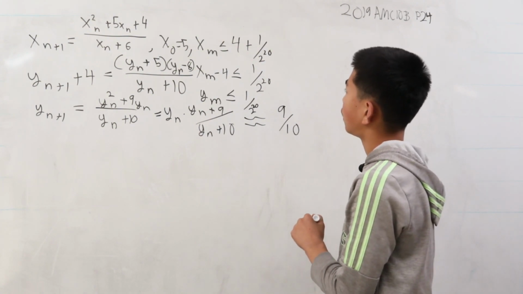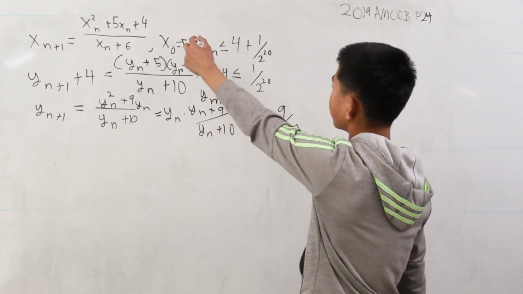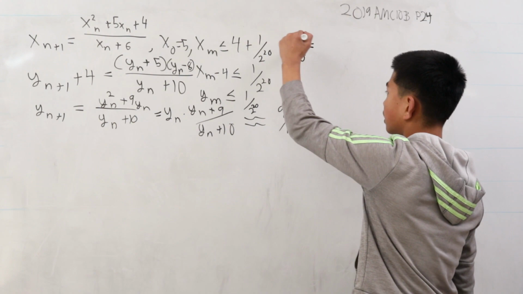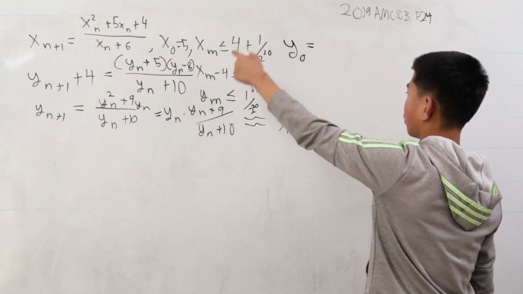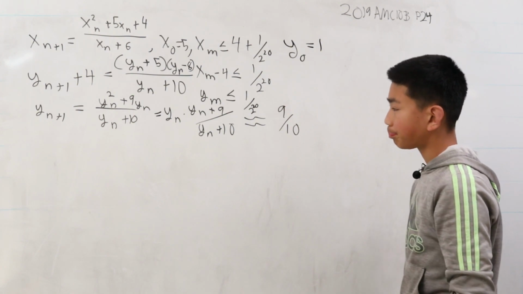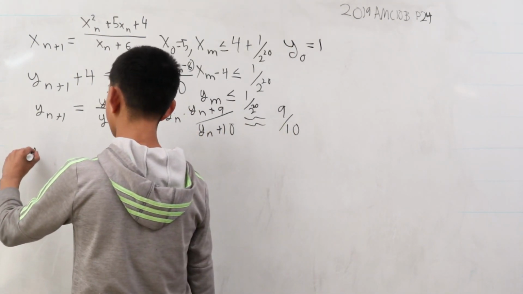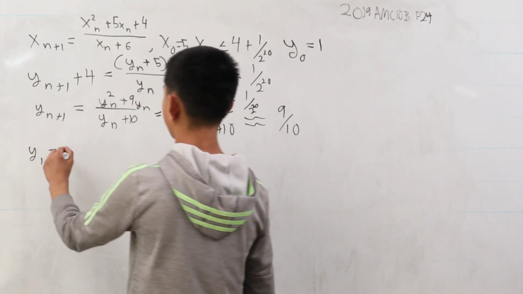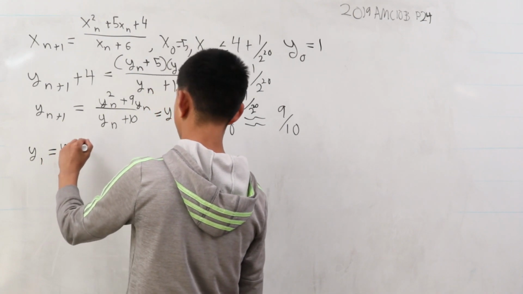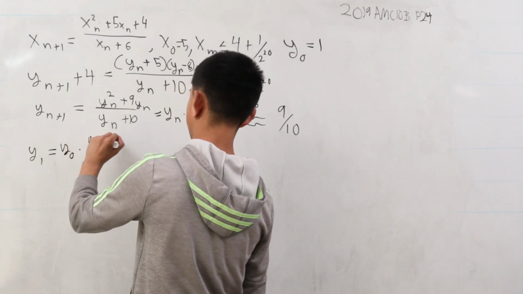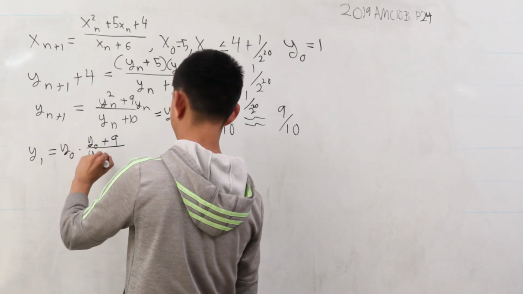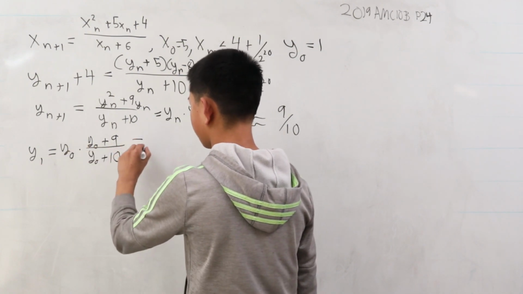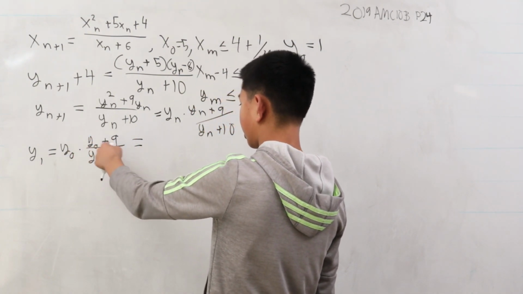Now we know that x naught is 5, so we can solve for y naught. Since y naught is x naught minus 4, that is 5 minus 4, or 1. So now y of 0 plus 1 is y naught times y naught plus 9 over y naught plus 10, and in this case that is 1 times 10 over 11.